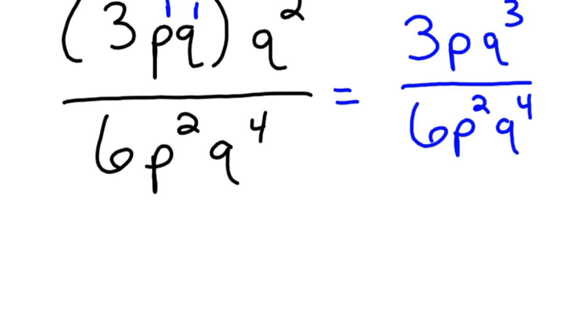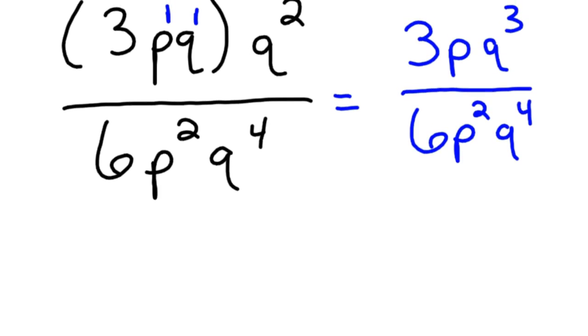Okay, then let's do what we did on that last problem, where we just cross out. Well, 3 divided by 6 is 2. You'd have 2 on the bottom. P to the first, you can cross 1 p out. Well, if you cross a p out, there's 2 down here, so there's 1 left.